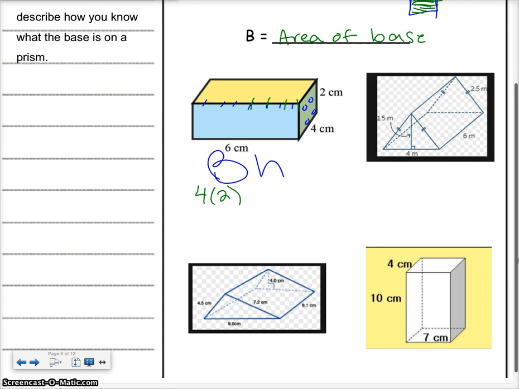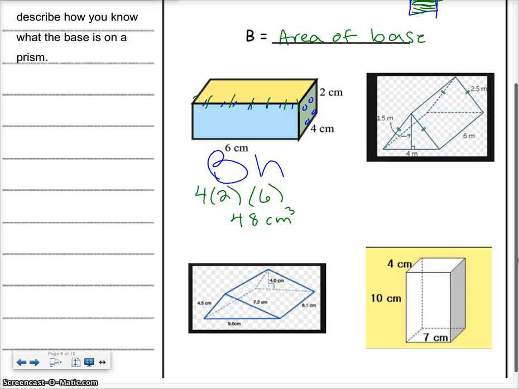So my height is 6. That gives 48 cubic centimeters, cubic because you're three-dimensional. And you didn't have to pick that one. If you would have gone 6 times 2, and then times 4, that would have worked too, and you would get the same thing, as long as it's parallel.